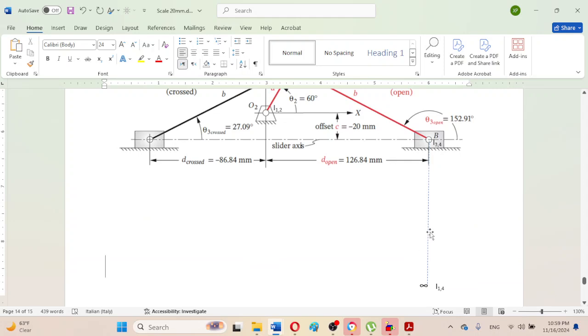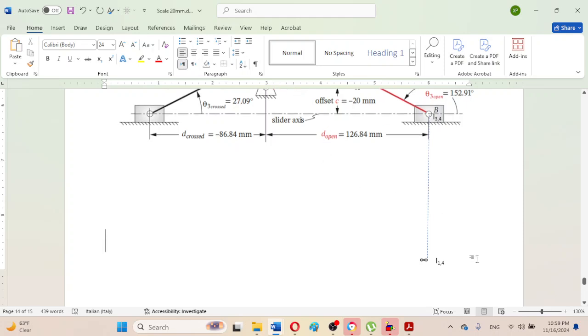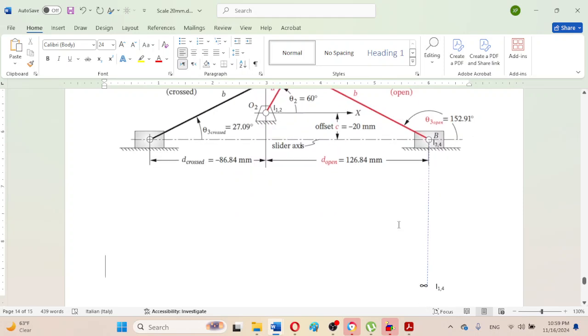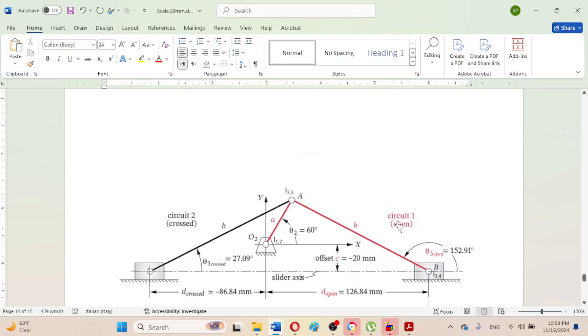So this is the effective rocker link 4, and this whole surface is the ground. So this is the instant center. So all 4 instant centers have been shown here.